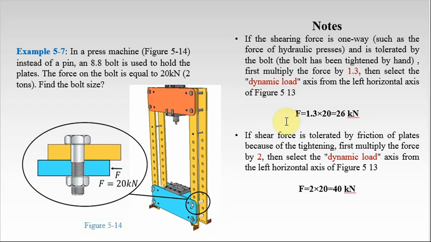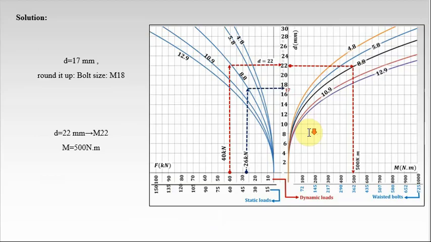Because the bolt was tightened by hand, we multiplied this shear load by 1.3, which is equal to 26.